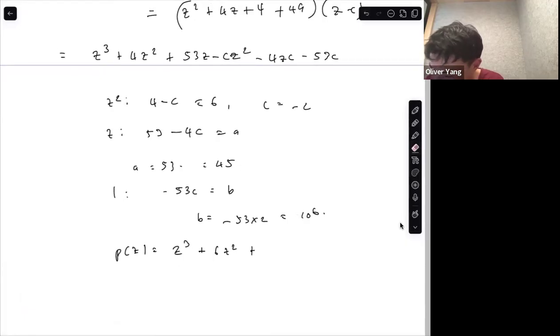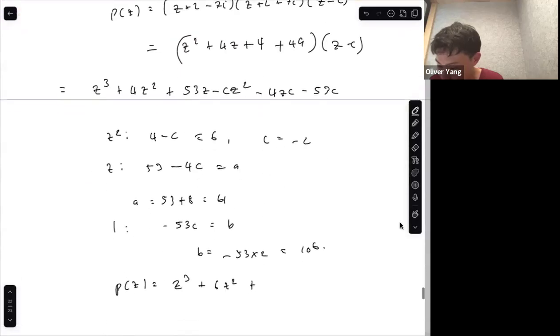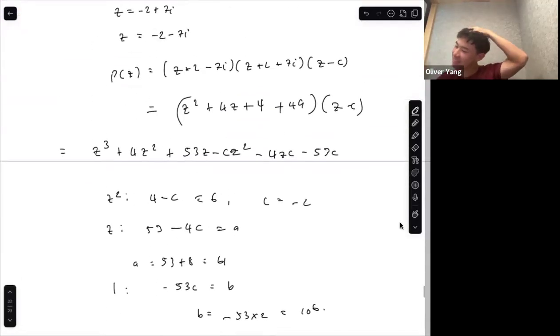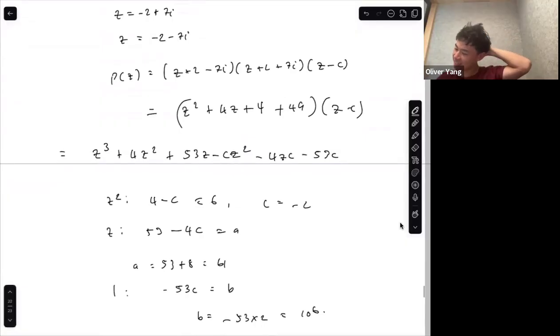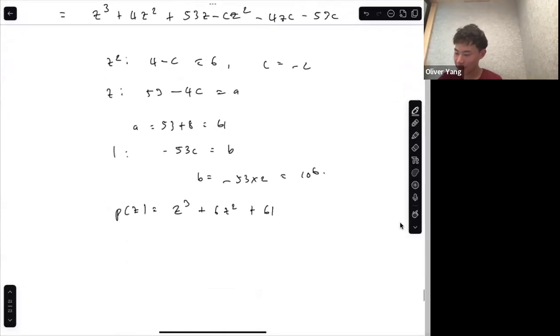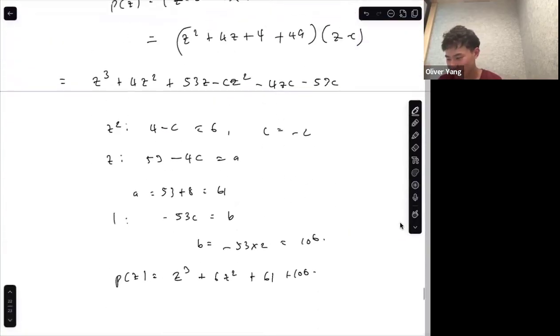And this is adding, so it should be 61. Am I right now? Is A 61? That's so big. What the hell? It's huge. I think, yeah, okay, whatever. 61 and then plus 106, right? There you go.